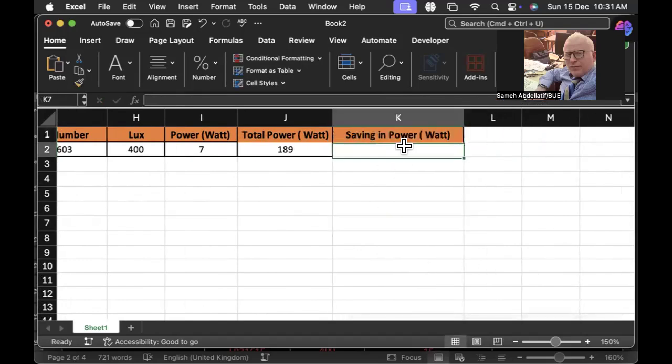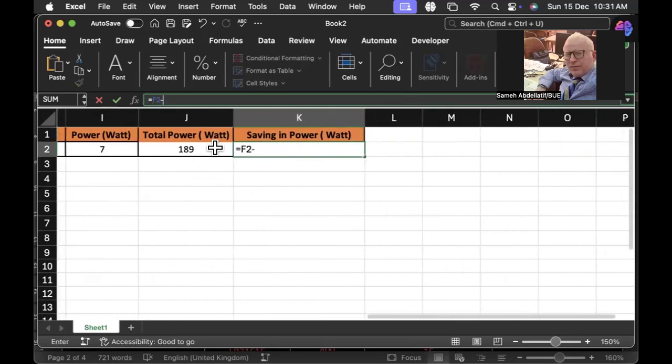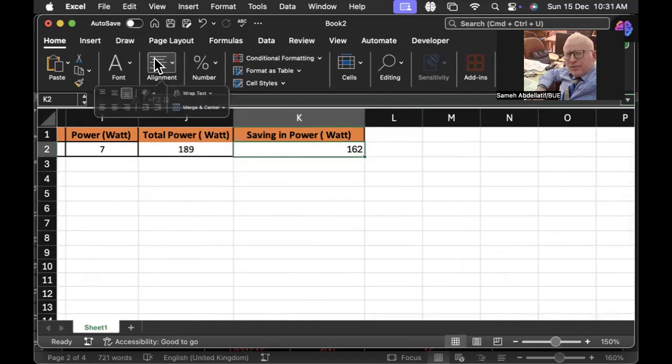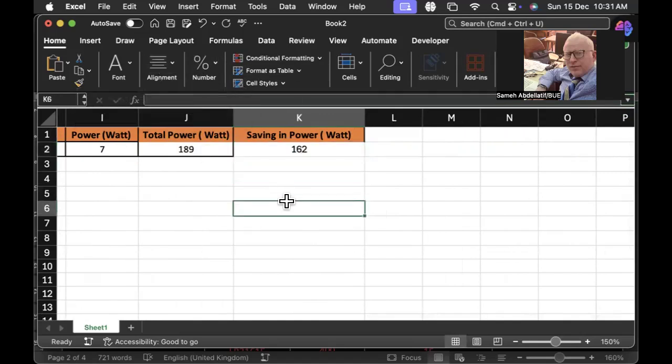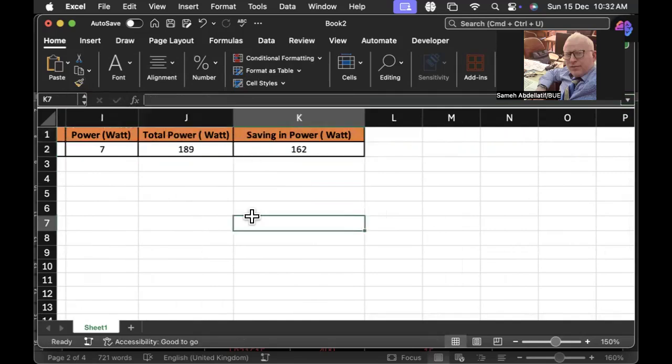Okay, so the saving in power is simply the subtraction between this number and this number, which is 162. So I'm saving a power of 162 watt for this category or for this item.